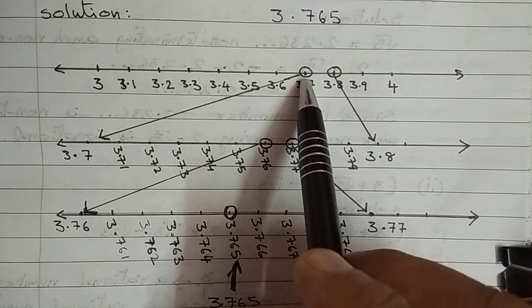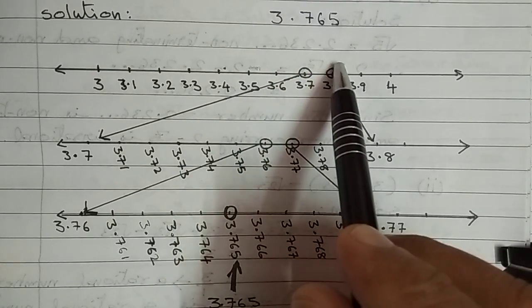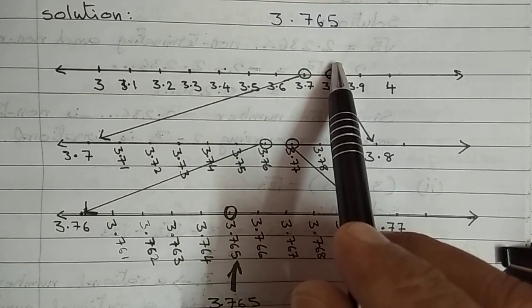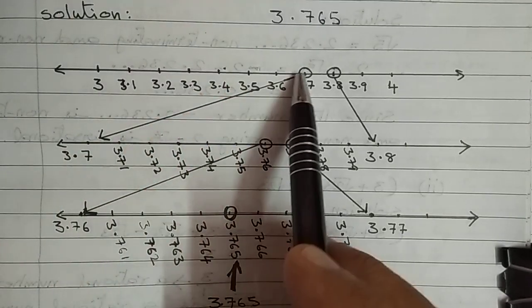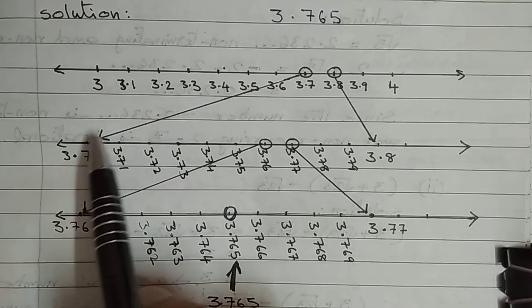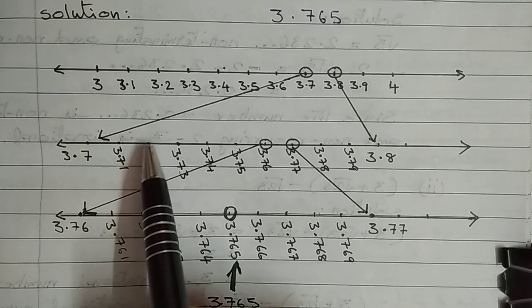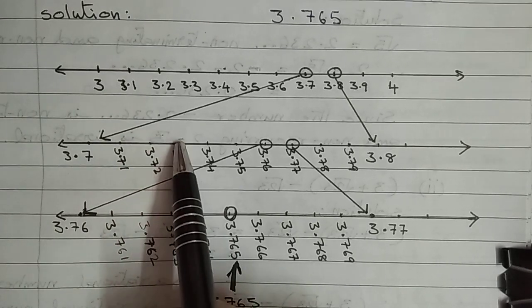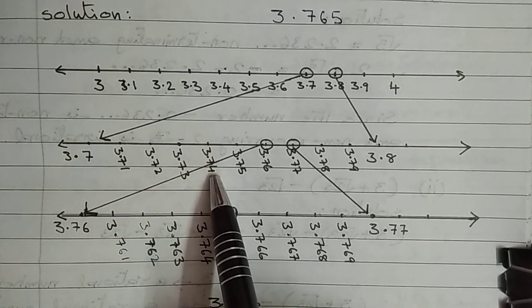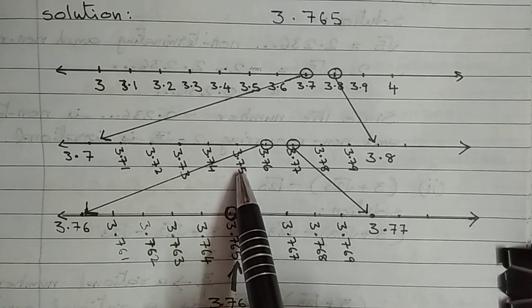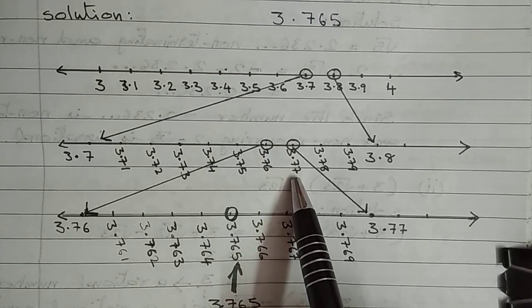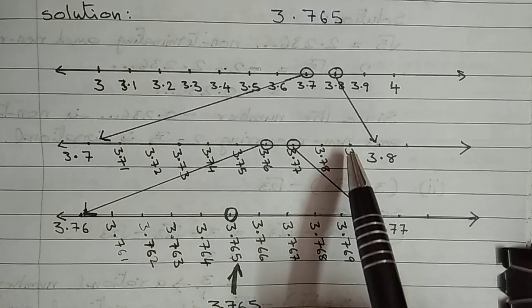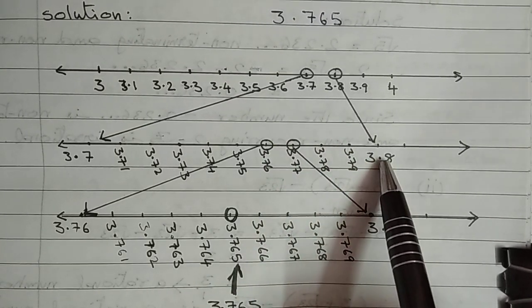So we circle these points 3.7 and 3.8, and in the next number line we start with 3.7, then 3.71, 3.72, 3.73, 3.74, 3.75, 3.76, 3.77, 3.78, 3.79 and 3.8.